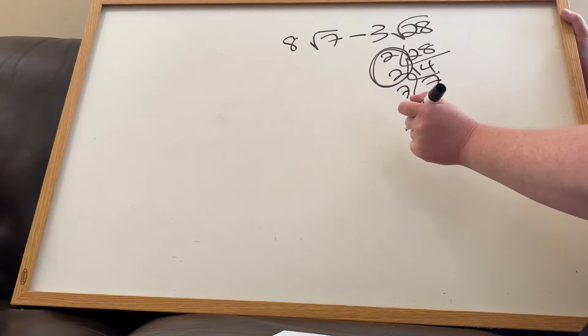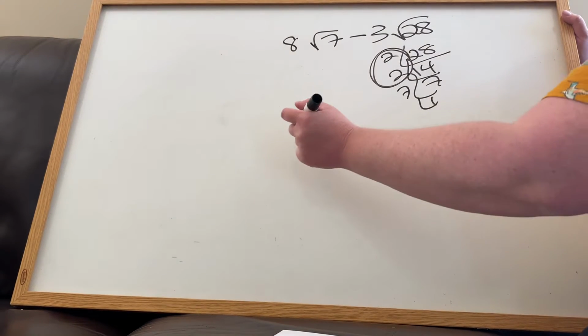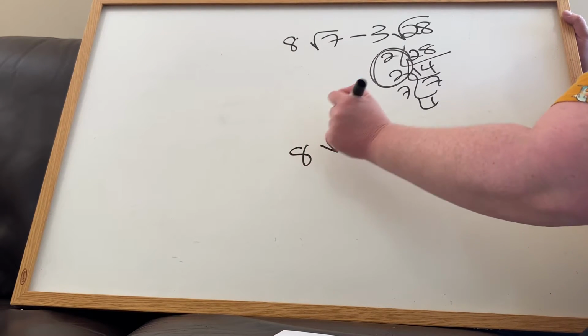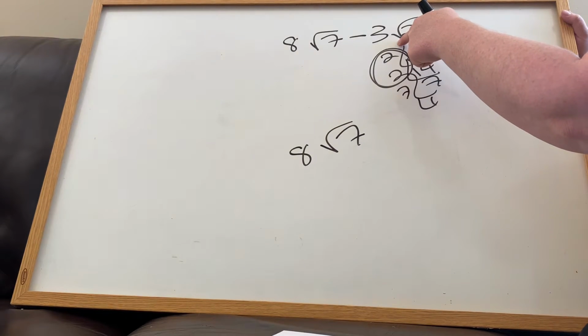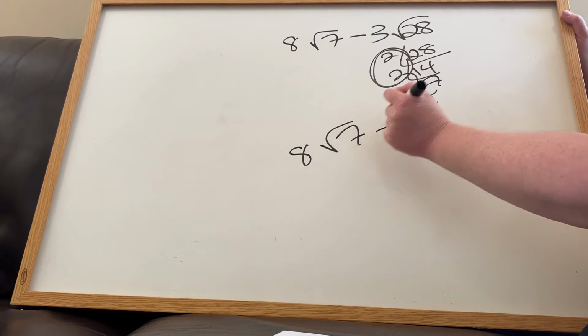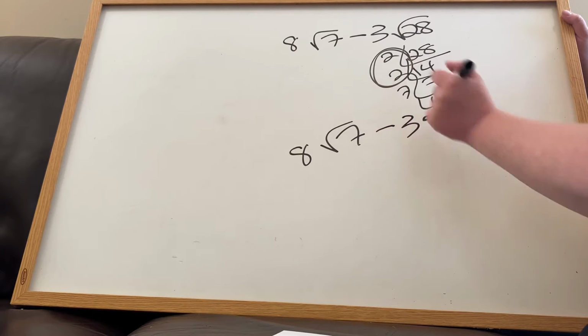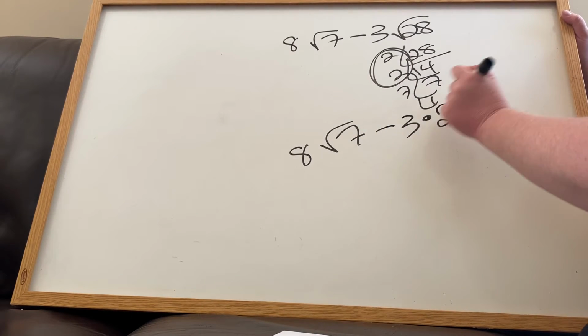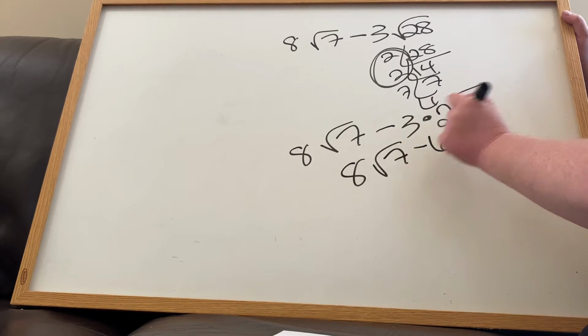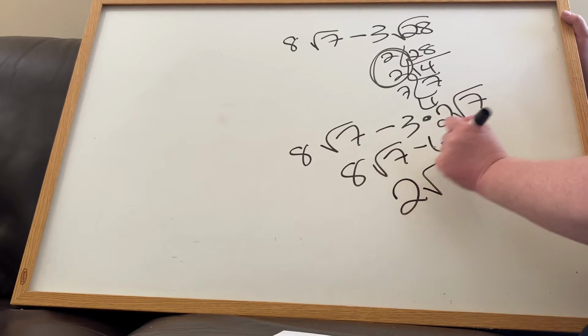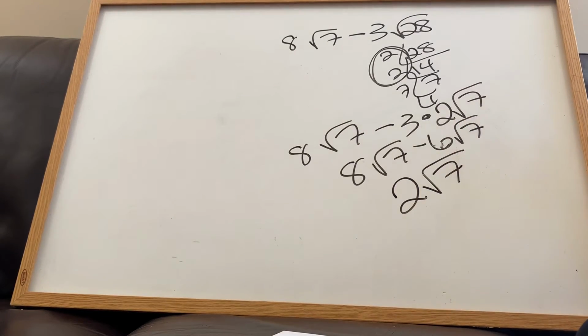So you'd pull a 2 and leave the 7. So then you have 8 square root 7. When you're trying to simplify this, the 3 that is already out gets multiplied with the 2 that you would take out. So then really you're looking at 8 root 7 minus 6 root 7, and 8 minus 6 is then going to be 2 square root 7.